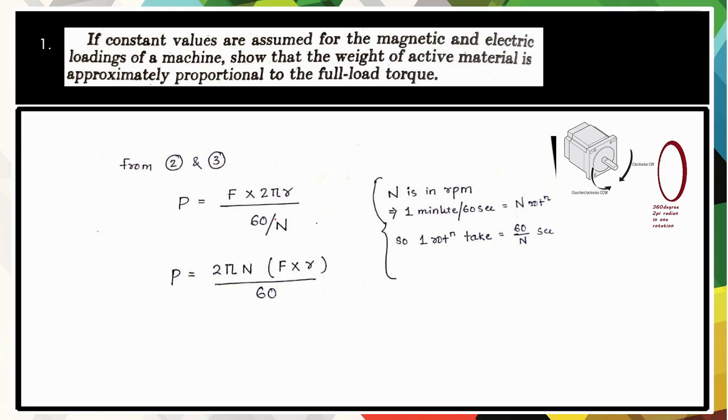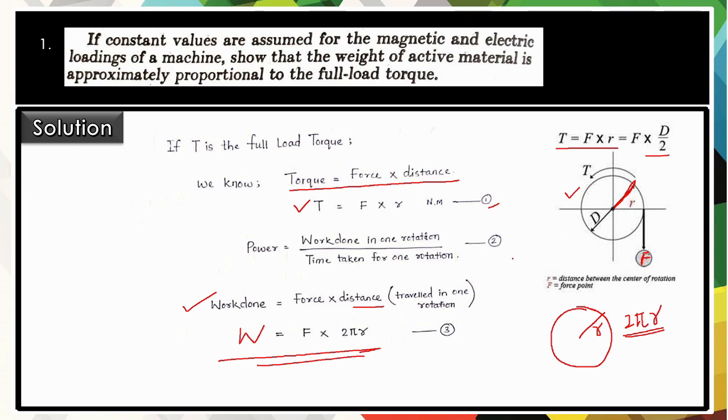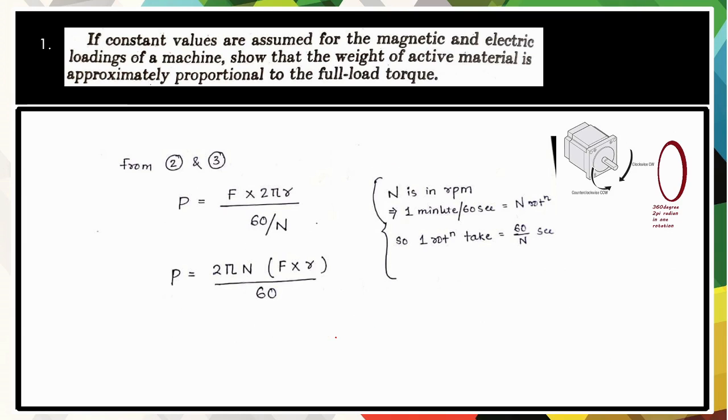From 2 and 3, we can say P is equal to F into 2 pi r, which is work done, divided by 60 by N, where N is the speed in RPM. RPM means rotation per minute. How many rotations in a minute?